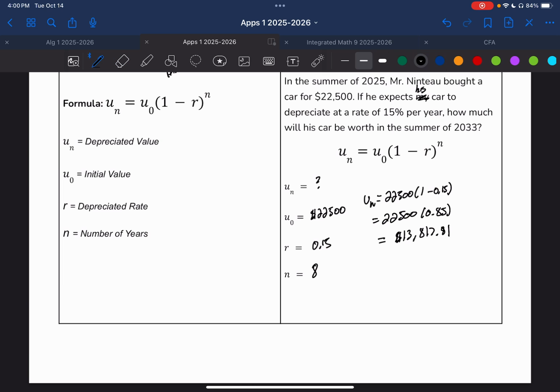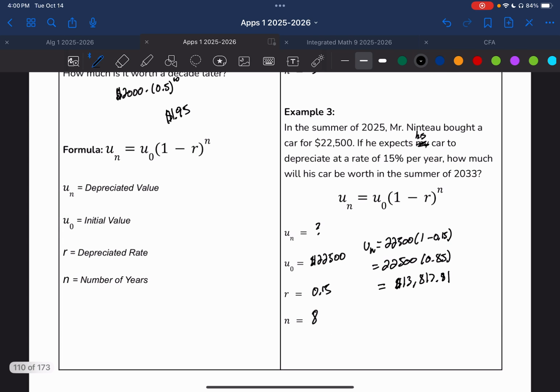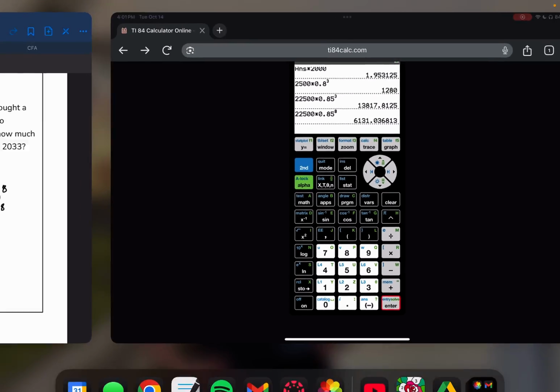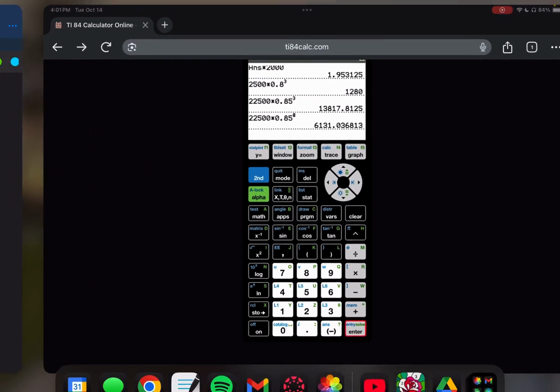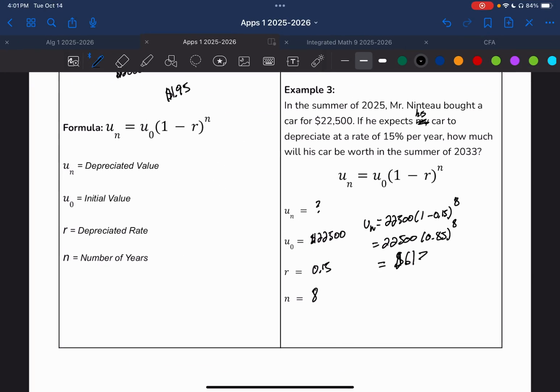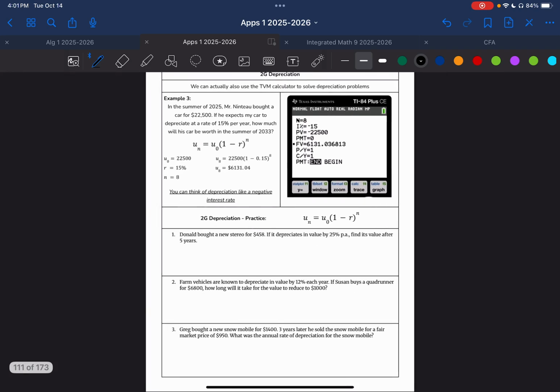I don't know where the 3 came from in the problem ahead. I am recording this at the end of the school day. I've been teaching for the last 3 hours, so I apologize. That should be $6,131.04. All right, cool.